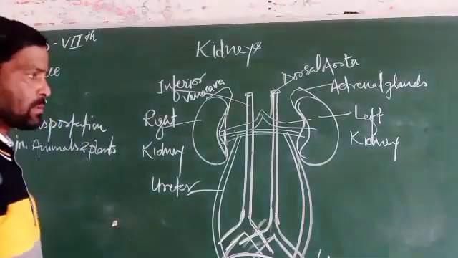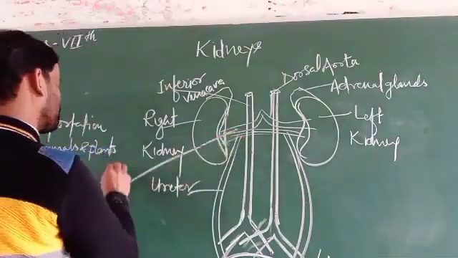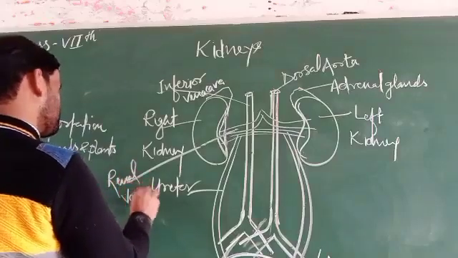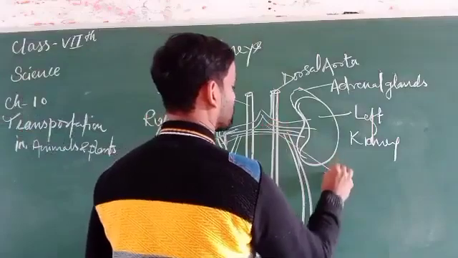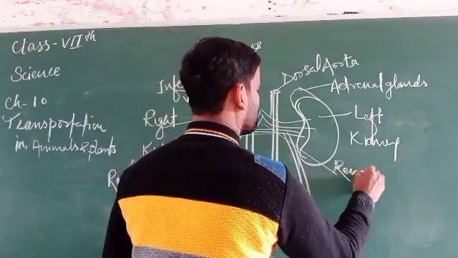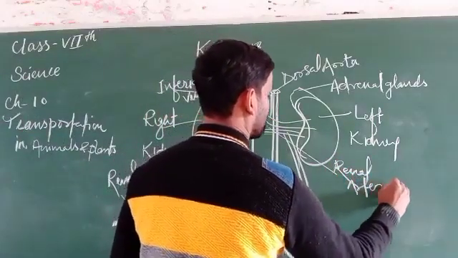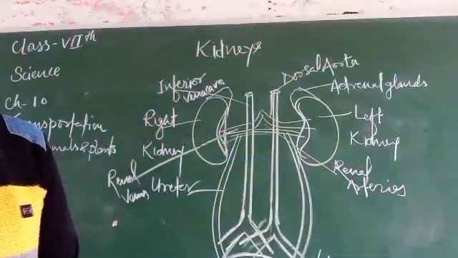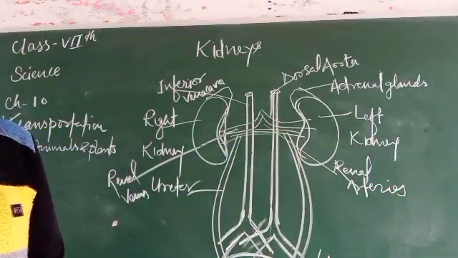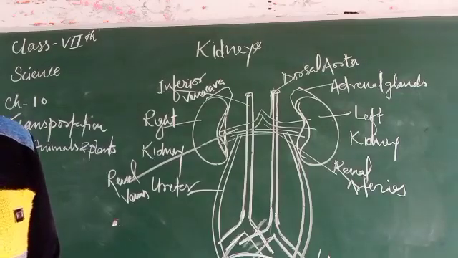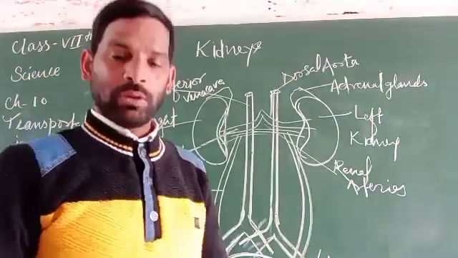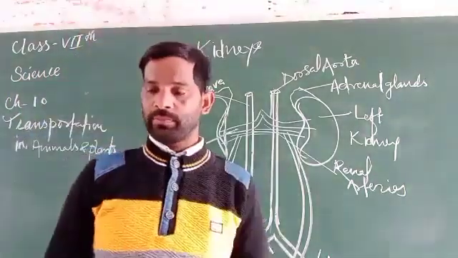The renal veins. That is the renal arteries. These are the structures of the kidneys which we have to study.